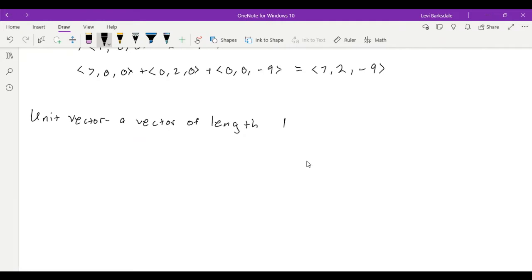So these unit vectors are almost like just a direction. The important thing you need to know at this stage is how to find a unit vector given a vector. So if u is a vector, then we can find the unit vector for u, that's a vector in the same direction as u but with length 1, by taking the vector u and dividing by its magnitude.